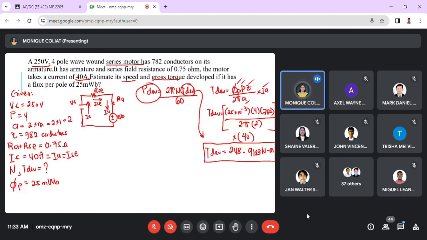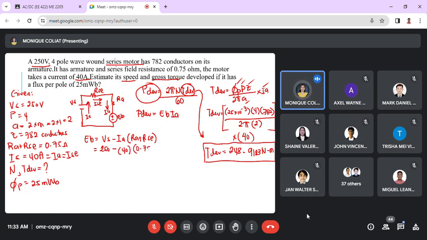So, ang EB natin dito ay VS minus IA times RA plus RS. So, we have 250 minus IA na 40 times 0.75.